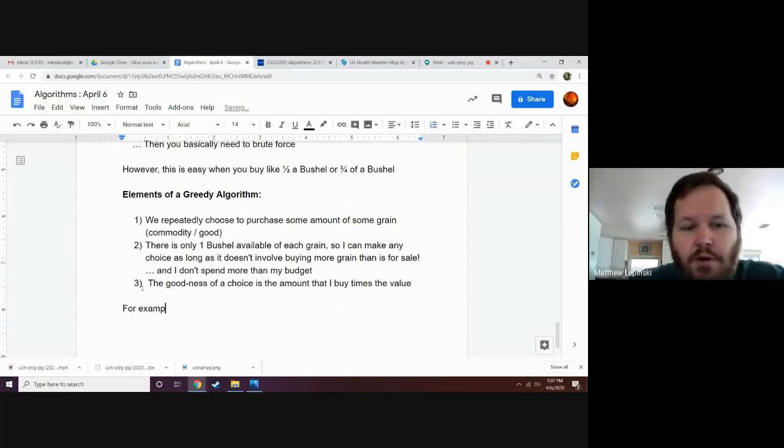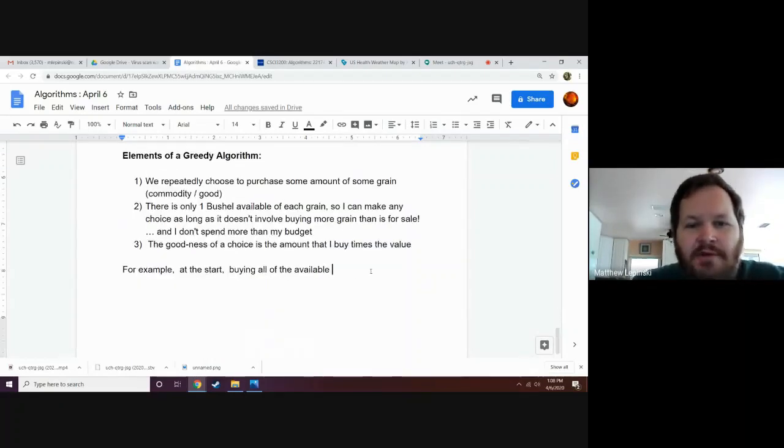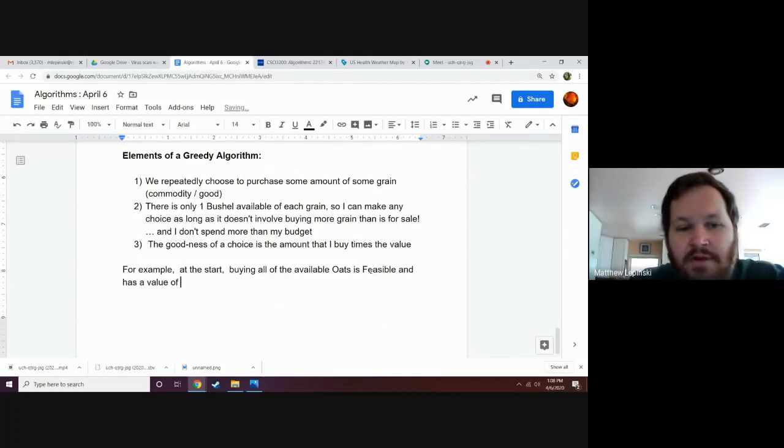For example, at the start, buying all of the available oats is feasible and has a value of 8.